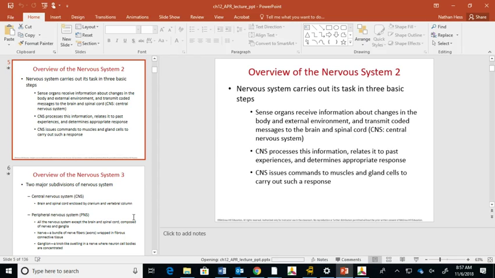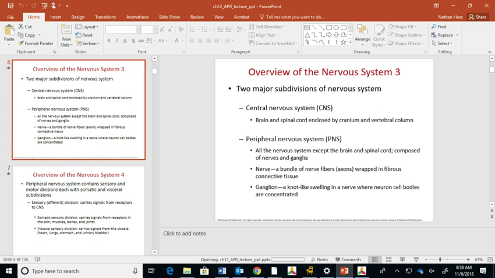In summary, the nervous system gets information from the environment. It processes that information and figures out whether it's important, and then it gives instructions for a response to that information. Pretty straightforward. So our major divisions of the nervous system are on page 433 in your textbook.